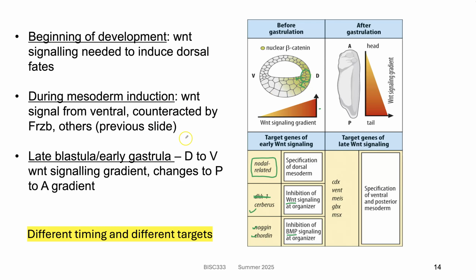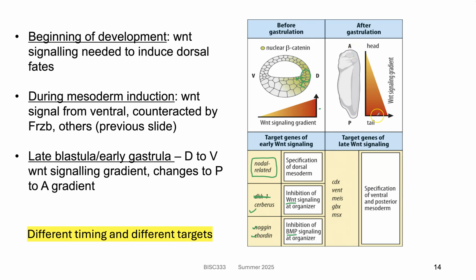Okay. Later in development, in the very late blastula, early gastrula, the cells start moving around, and the gradient takes on a different role. Now you have a Wnt gradient that is higher for the posterior and lower for the anterior.